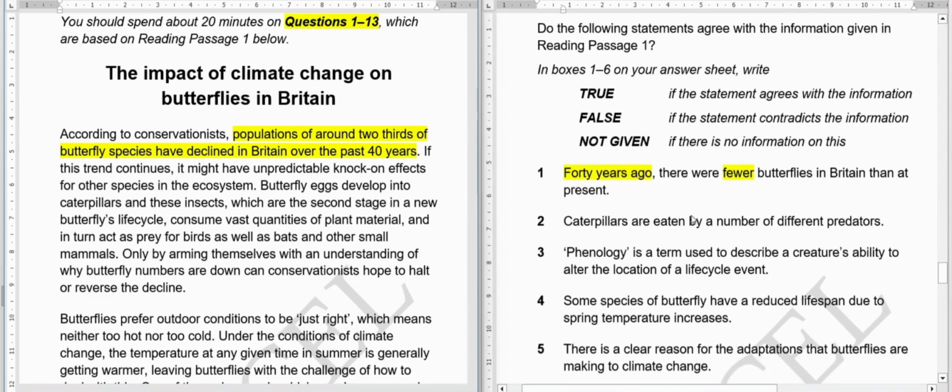So can you tell me whether the answer is true, false or not given? For every question I will give you around 10 seconds to tell me the answer, and if you need more than that, you can pause the video and continue when you are ready with your answer. So for now, your time starts now.